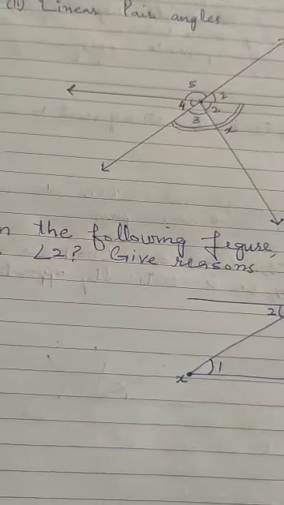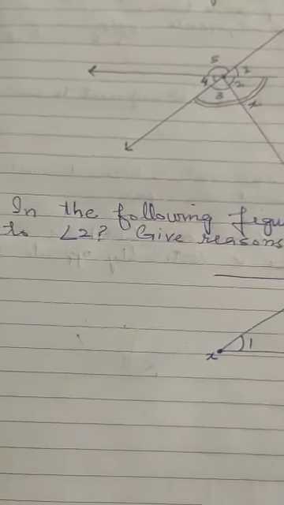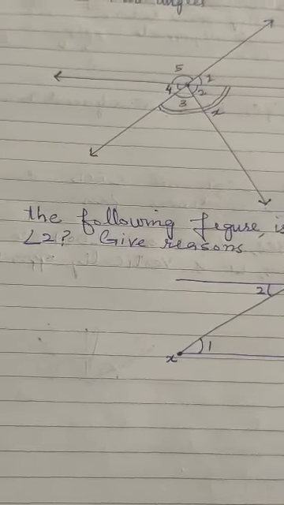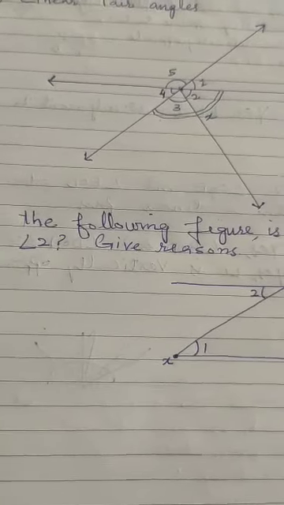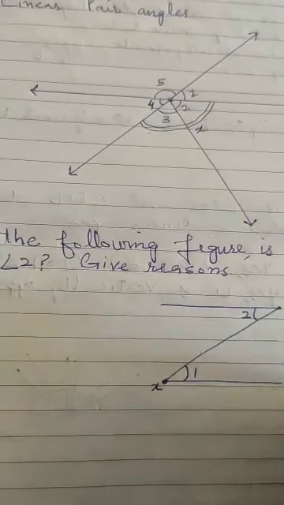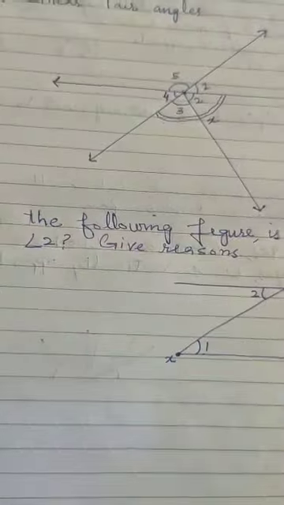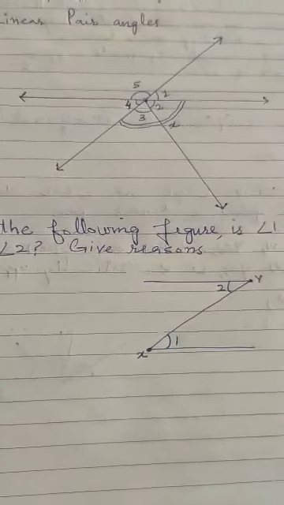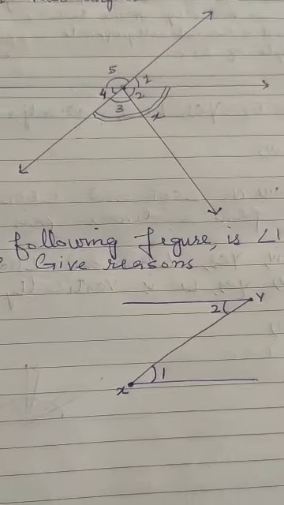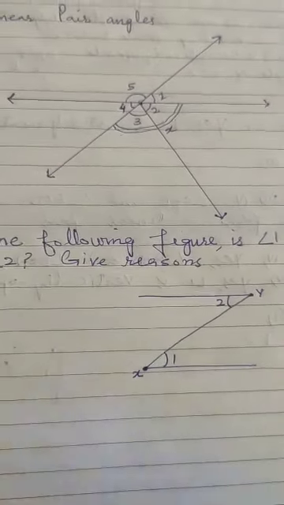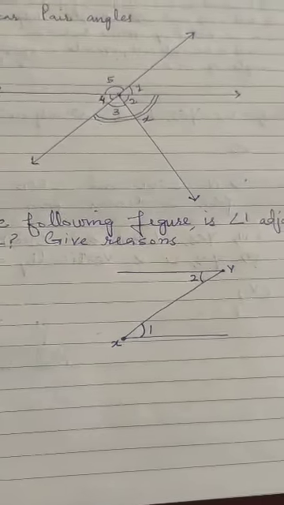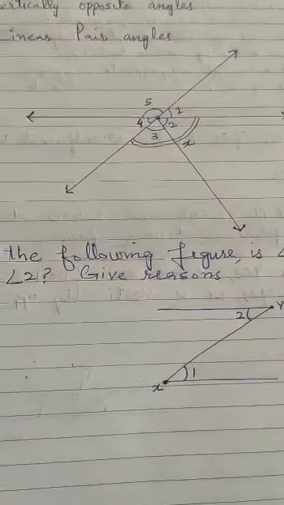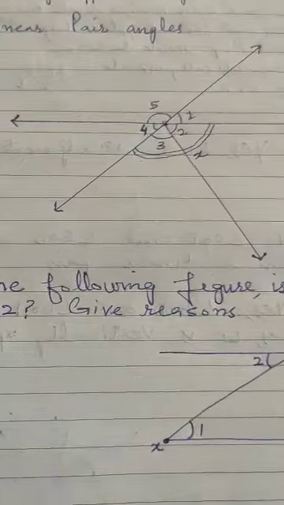So both these angles have different vertices. The plural of vertex is vertices. They do not have a common vertex, so we can conclude that these two angles are not adjacent. Given that they do not have a common vertex, that is the reason we conclude that angle 1 and angle 2 are not adjacent. You got it?